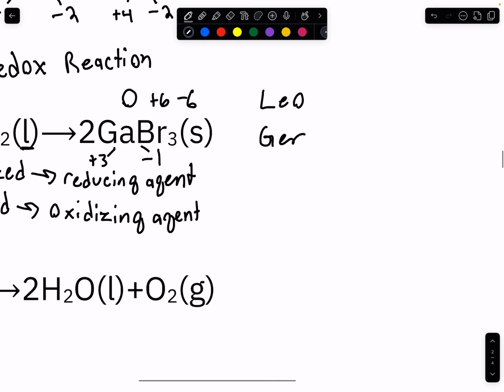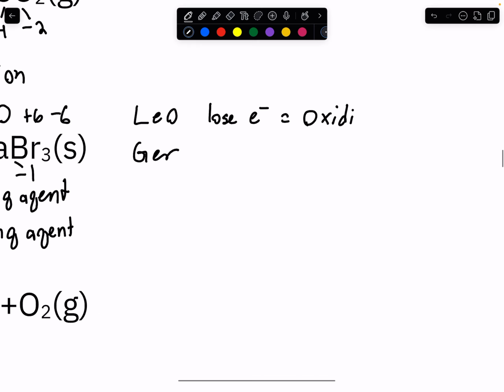Basically, that's lose an electron equals oxidation. And gain an electron equals reduction.